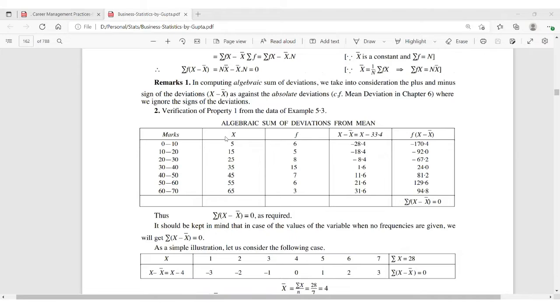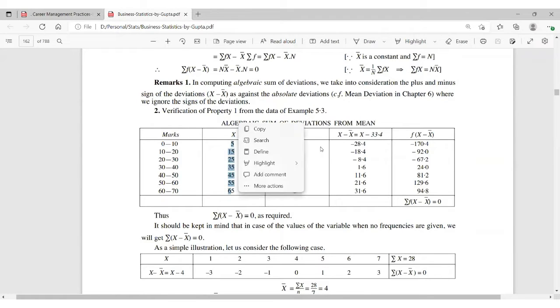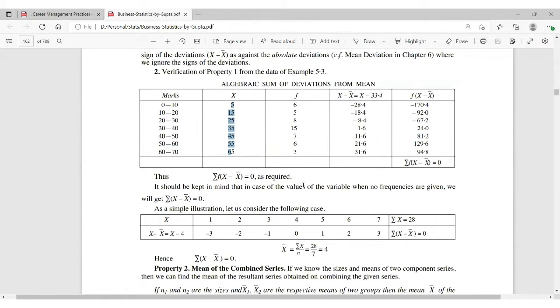Let me take this example. The question gives marks, the midpoints, that means 0 plus 10 by 2, 10 plus 20 by 2, and so on. These are the class marks. F is given already. First of all, find the mean.